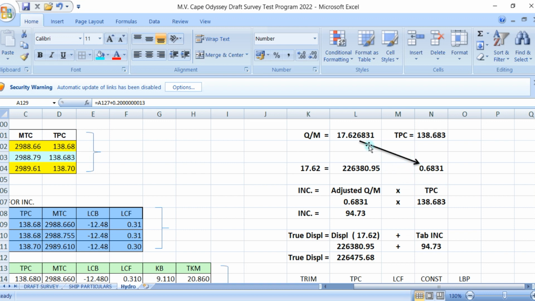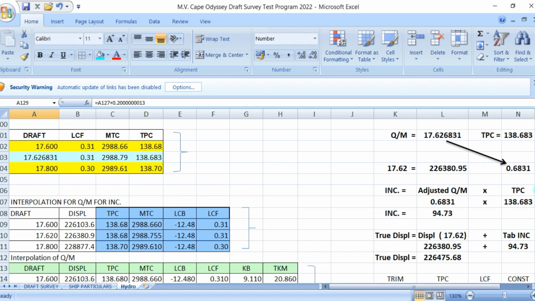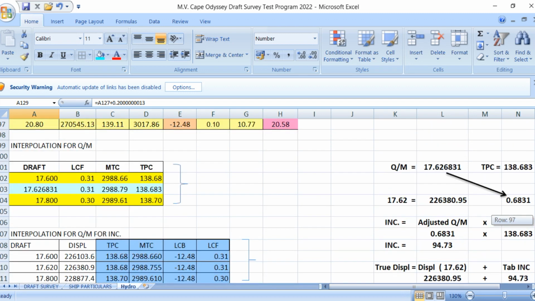So this will now be 0.6831, and for 17.62 the displacement is 226380.95, and this is being interpolated with 17.62.